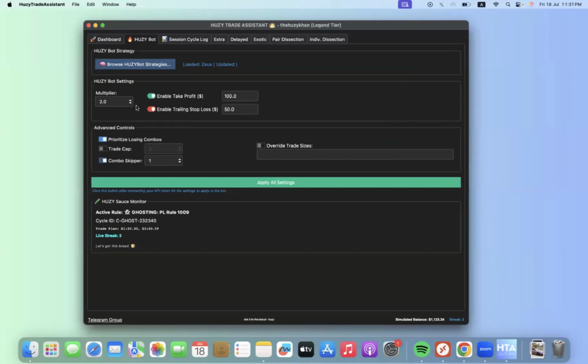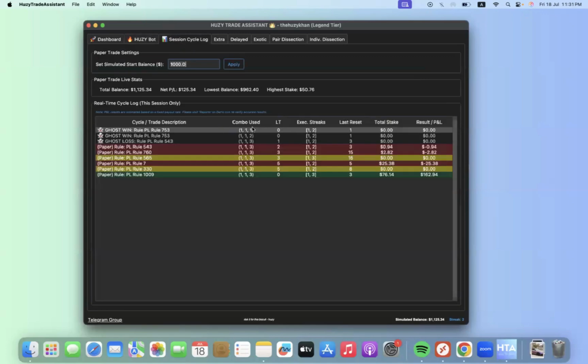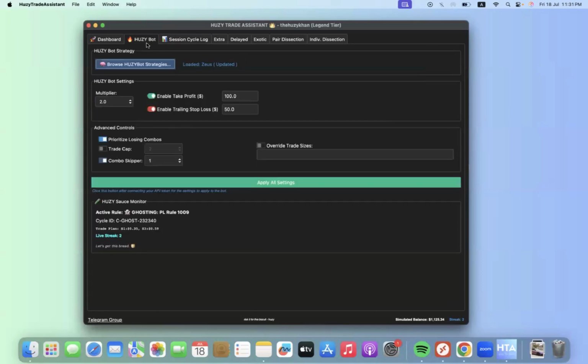If you have it turned on, then if it wins, it's still going to go to the back. But if it loses, it's going to try itself again with a different rule. So that way, until the time that combo recovers, the bot is going to continue trading and trying to recover from that particular combo. And your trade sizes are going to be increasing as time progresses because, of course, that combo is still put at the front of the line, waiting for whatever rule gets armed.